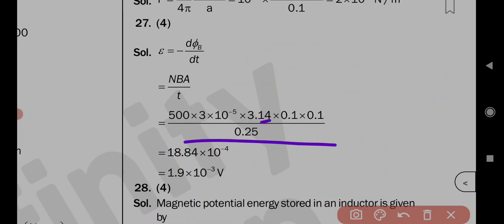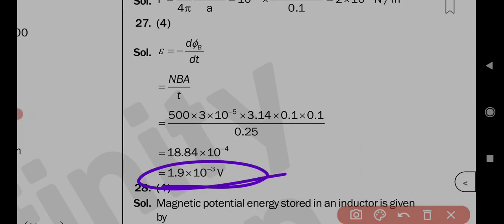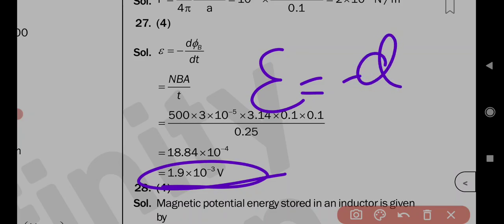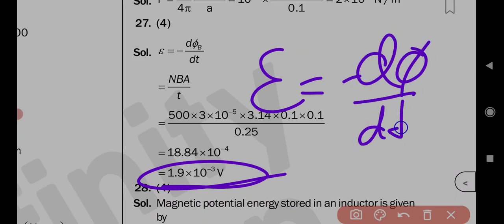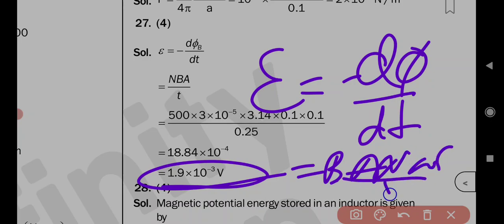Then the area, 3.14, because the radius is given, pi r square, where r is 0.1 meters, since 10 centimeter. Then N is 500, divided by 0.25, so we get something like 1.9 into 10 to the power minus 3. So you have to remember that E is equal to minus d phi by dt, which is equal to BAN cos theta by t.